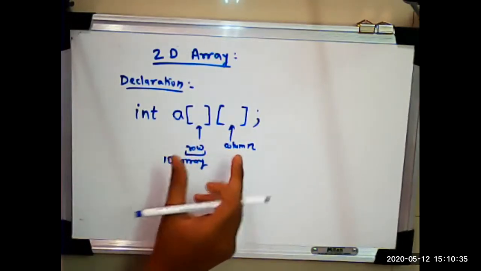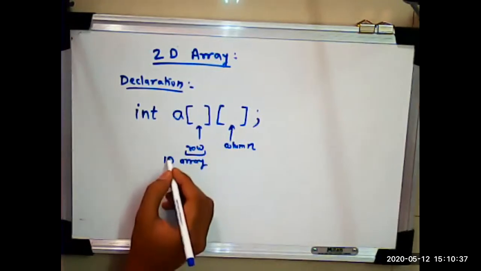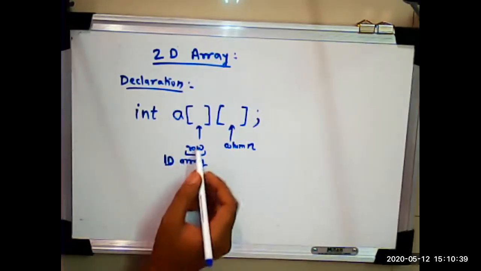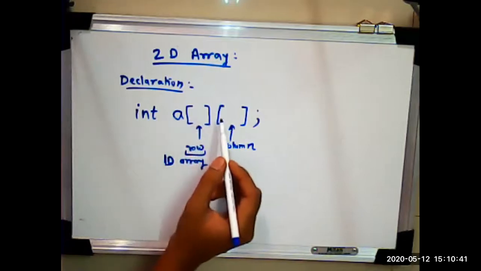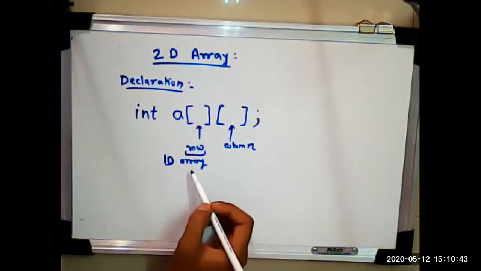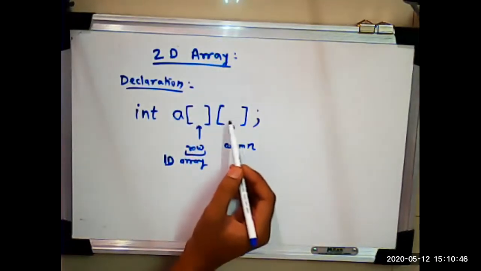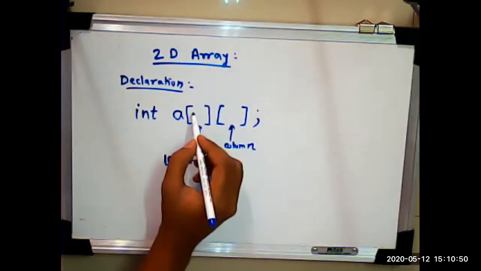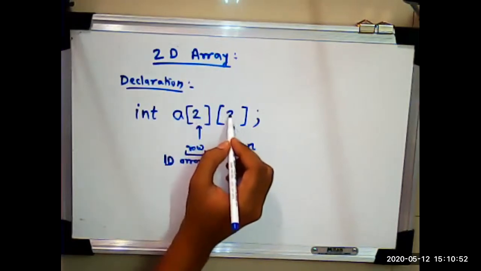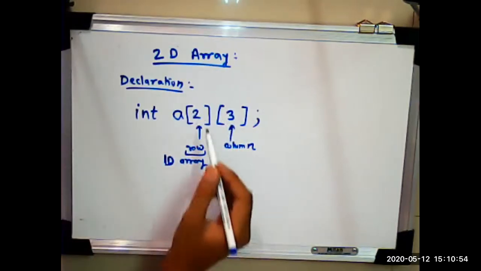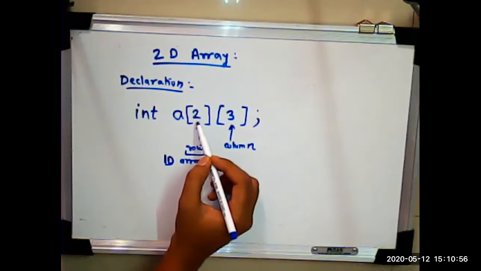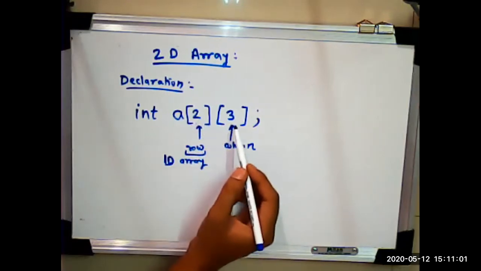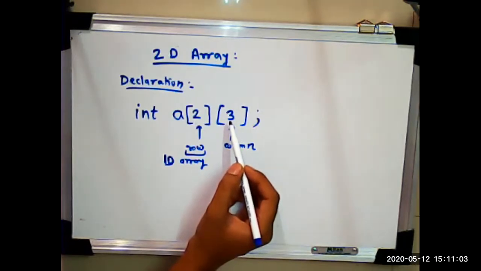The second represents, in that particular one-dimensional array, how many elements are there, which is the number of columns. So take the example of 2 and 3. If you're taking 2, it means there are a total of two one-dimensional arrays, and in every one-dimensional array there are three elements.